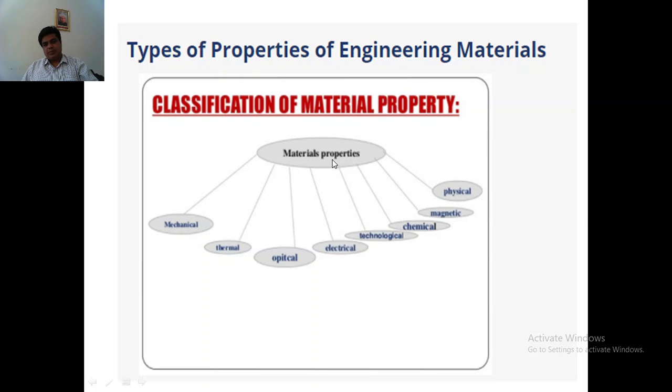So mechanical properties is nothing but how the material behaves to the external force or load applied on it. Similarly, we have thermal properties. Thermal properties means you take any material, apply temperature or heat to it, and observe how it behaves or reacts.